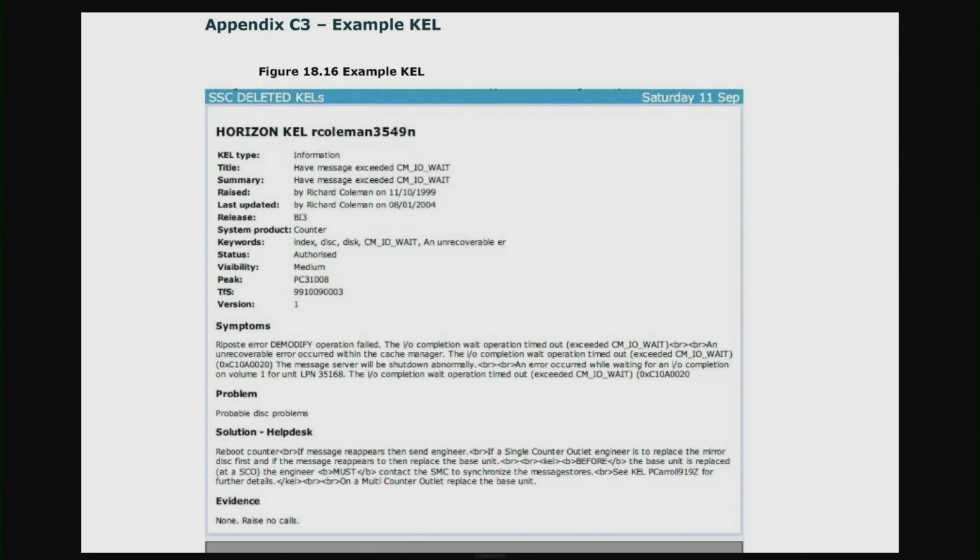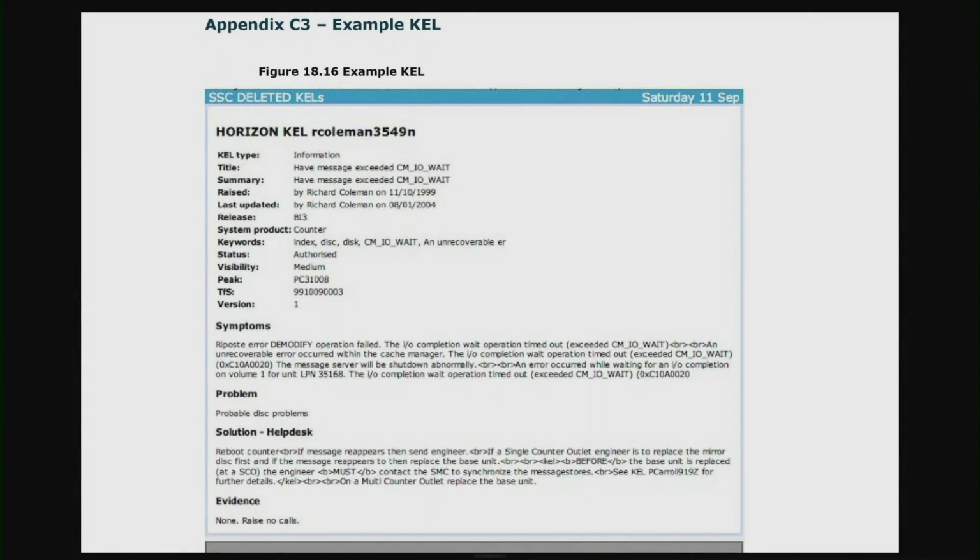Importantly, they also provide some text for what the help desk should communicate back to any user reporting a similar problem. So in this case, the solution that the help desk should recommend to the user is to reboot the counter. And if the message reappears, then send to an engineer. So the purpose of a KEL is to document known errors, but to also provide remedial recommendations to users reporting similar problems.